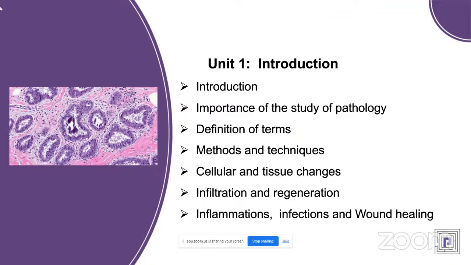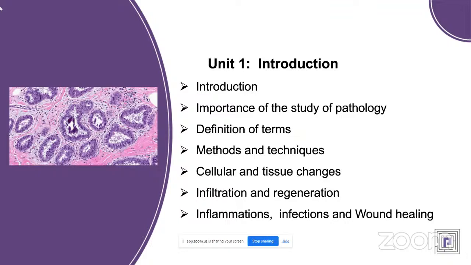And what is the importance of the study of pathology? Why do we need to learn pathology? Because this is the basic subject which you need to know before diagnosing a disease. Before you treat the patient, you have to learn the pathology first, then you can diagnose the disease and then treat the patient. And then the definition of these terms which I have already told.